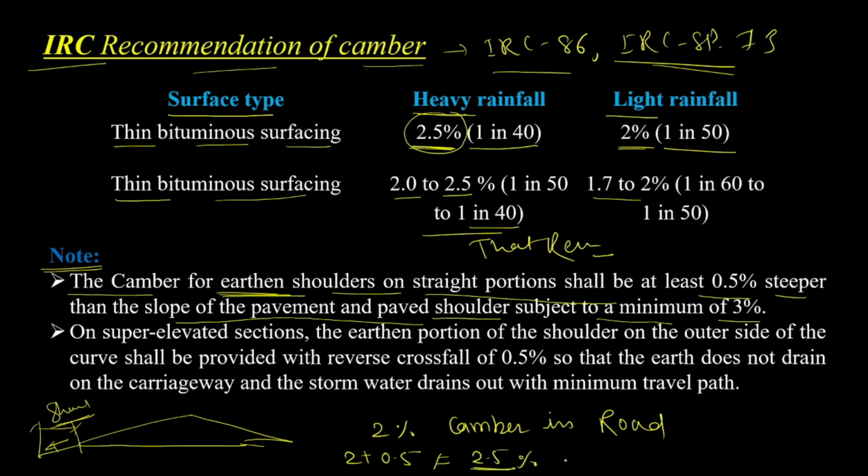But this should not be less than 3%, meaning this must be at least 3%. So if we are getting 2.5%, then we need to provide 3%. So this slope should be 3%.